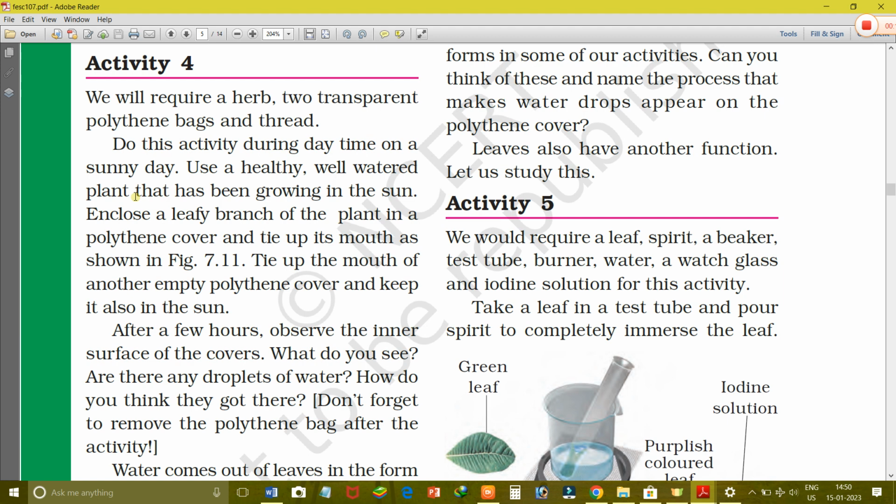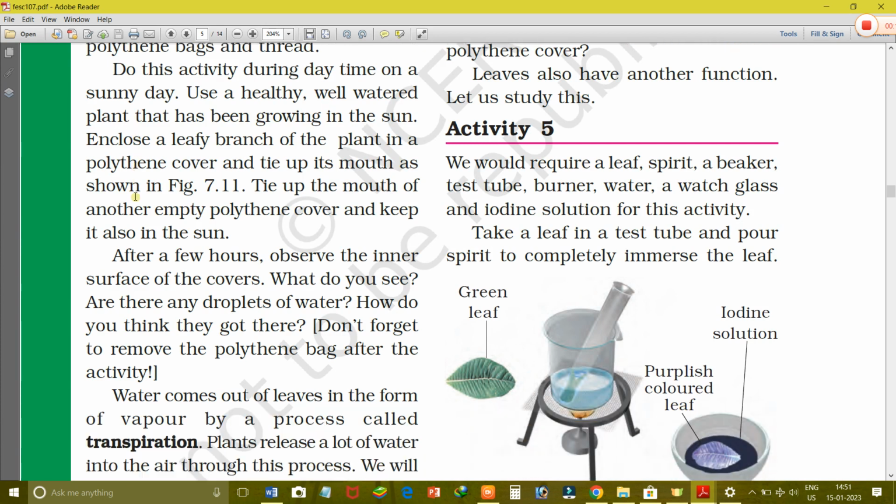What do you see? Are there droplets of water? How do you think they got there? Do not forget to remove the polythene bag after the activity.